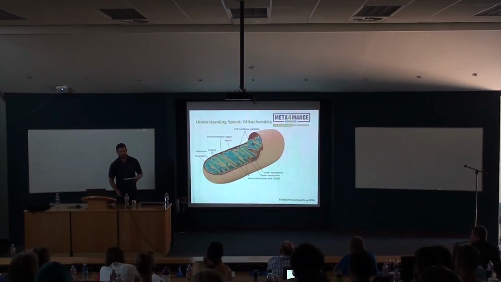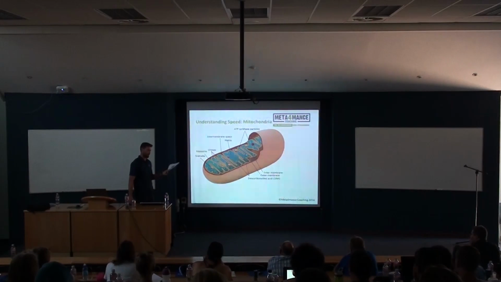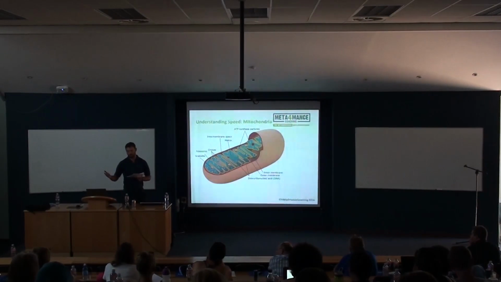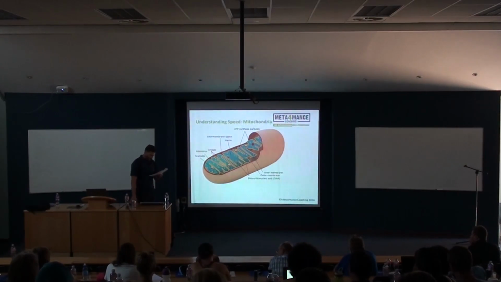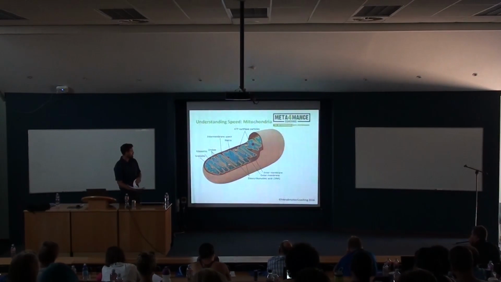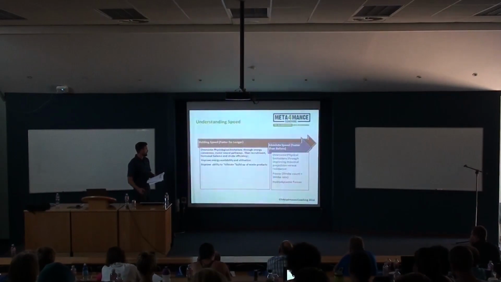Exercise increases the number of mitochondria in your muscle cells. So the more you train, the more you're going to gain an increase in the number of mitochondria present in your cells. Thus, the more capacity you will have to be able to swim further, faster, longer. Okay. So without delving too much into cellular biology, let's just bear in mind that mitochondria play an important role with regards to that.